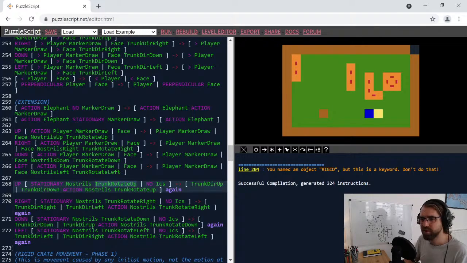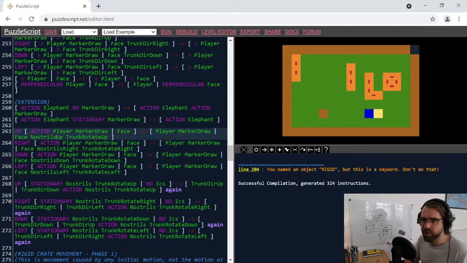Is there a reason I'm using these markers instead of just using directions? That would make this a lot simpler. Why am I not just using directions here? Directions totally would be fine, wouldn't it? Let's see if I could just replace all this stuff with directions instead.